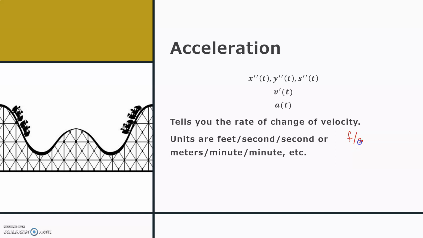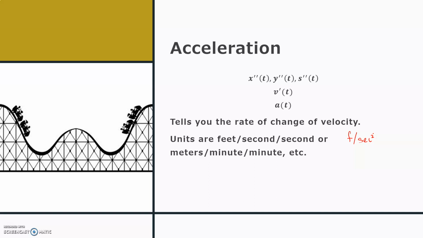Sometimes we write that as feet per second squared, or meters per minute squared, or meters per second squared. Those are your acceleration units. So acceleration tells you how your velocity is changing. Acceleration can be positive or negative. If it's positive, it means that your velocity is increasing. If it's negative, it means your velocity is decreasing.